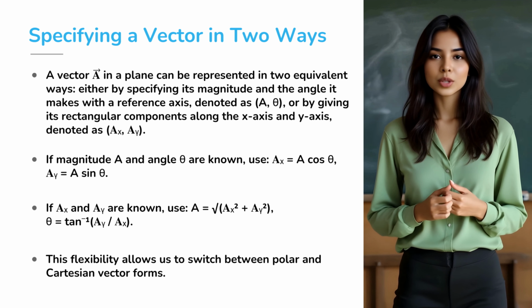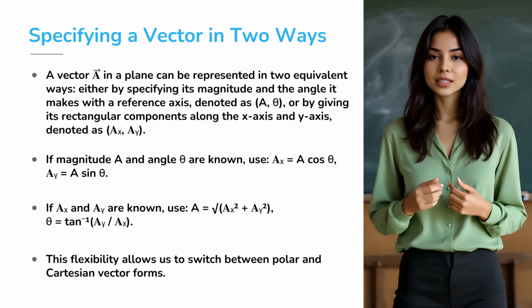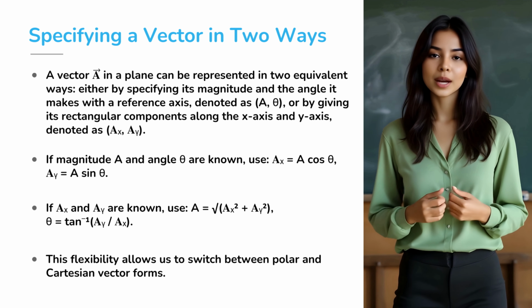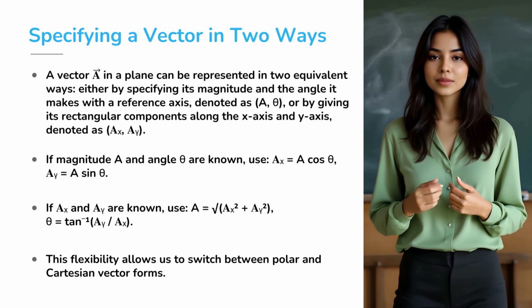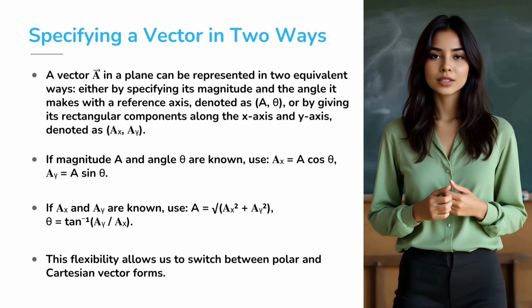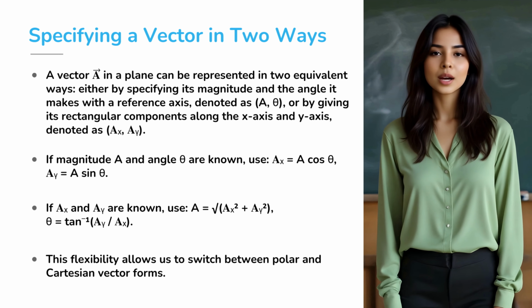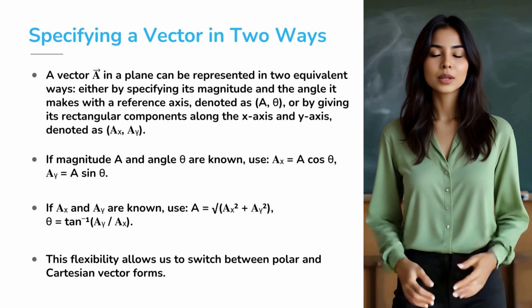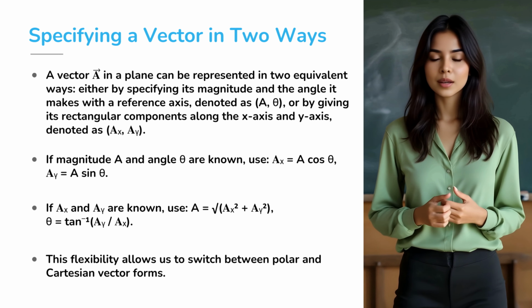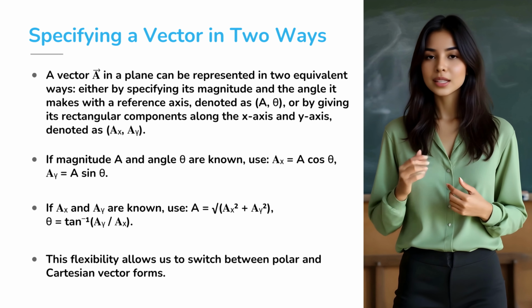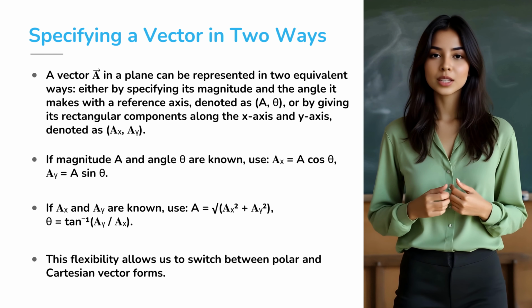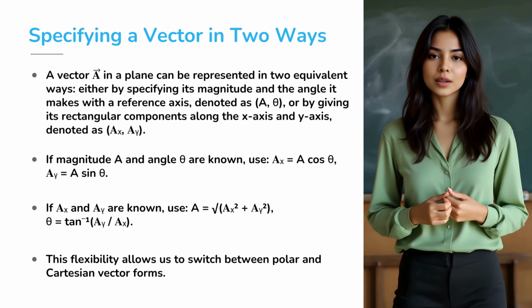We now have two ways to describe a vector completely. Option 1, by its magnitude A and the angle theta it makes with the x-axis. Option 2, by its component values ax and ay. These two forms are interchangeable. If you know A and theta, use ax equals A into cosine theta, ay equals A into sine theta.